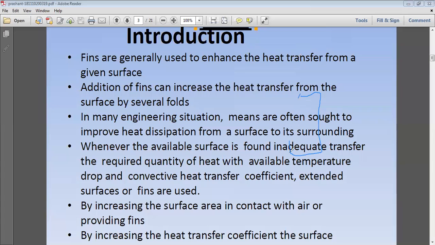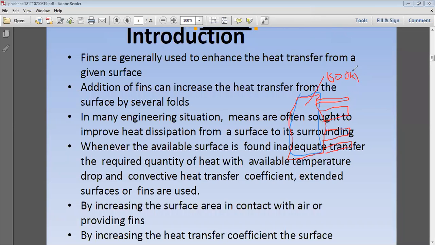If you provide an extended surface over this surface, we can dissipate the heat to the surroundings through an additional number of fins provided over the surface of the cylinder. Suppose this engine cylinder develops nearly 1600 Kelvin.